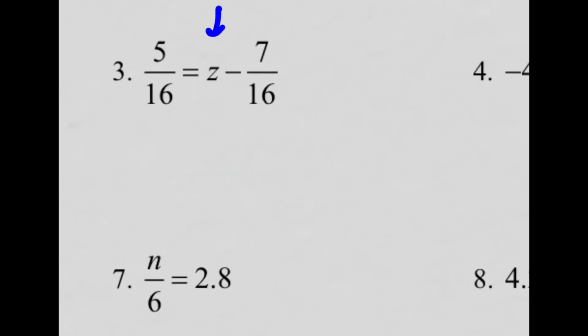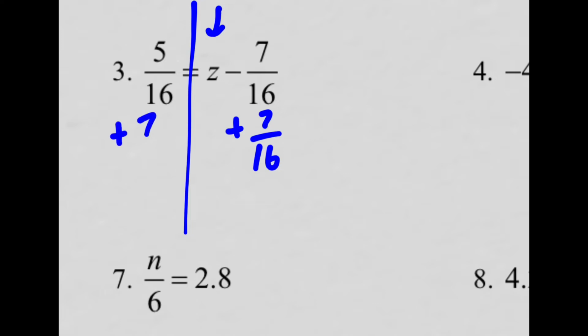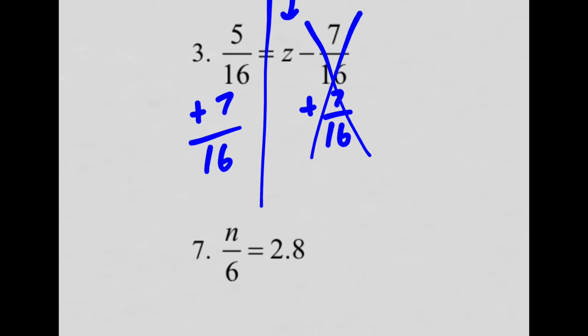Z is on the right side. It's not by itself. I want to get rid of this. Minus 7 over 16 represents subtraction. To undo that, I'm going to use addition. Remember where my equal sign is, and add on both sides of it. One's on the left, one's on the right. This part goes away, becomes 0, and on the left, I can add two fractions when the denominator is the same.